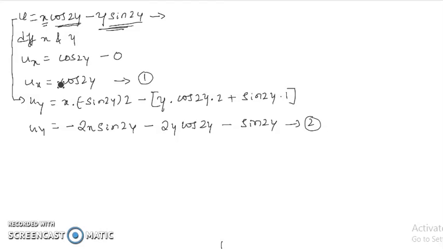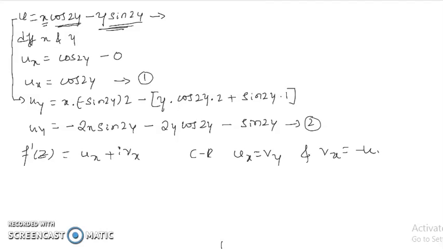So this is equation 1, and this is equation 2. Now we have f dash of z is equal to u subscript x plus i into v subscript x. So with the help of CR equations, we have ux is equal to vy and vx is equal to minus uy.